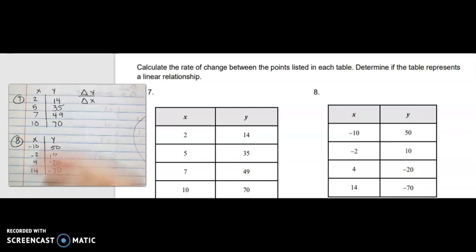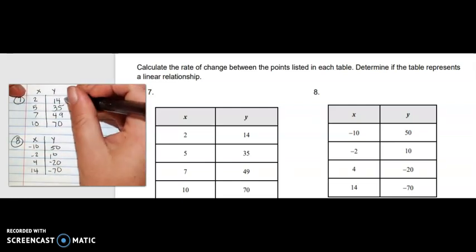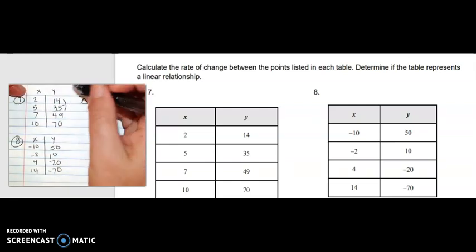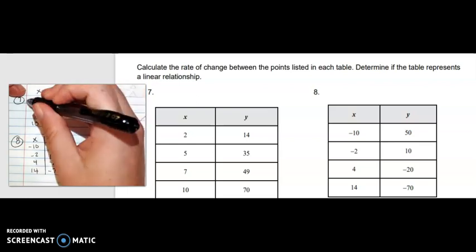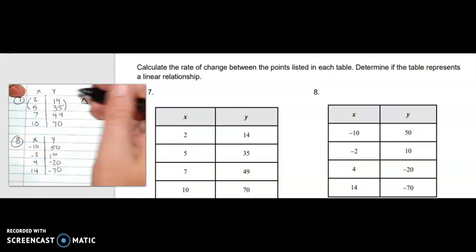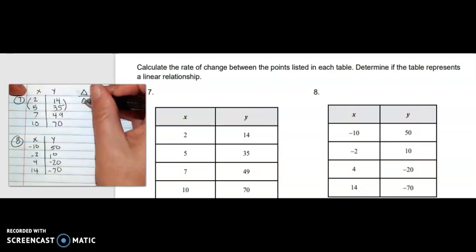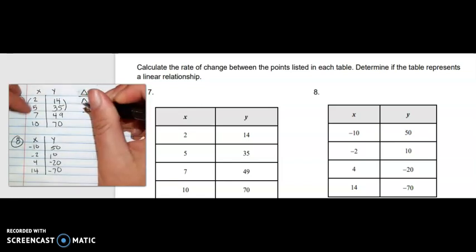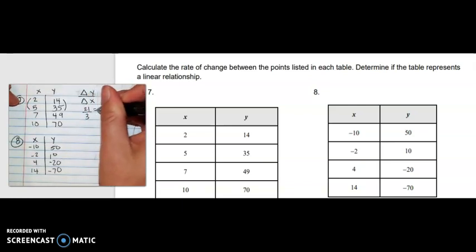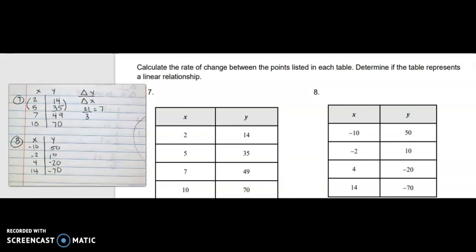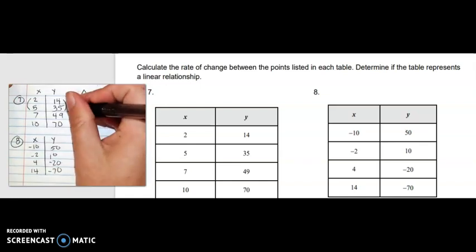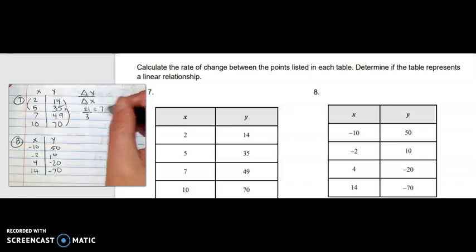So, let's start calculating. We're going to calculate the difference between 35 and 14 and between 5 and 2. So this is 21. And this is 3. And 21 divided by 3 is 7. And let me do 2 more points. So I'm going to do the difference between 35 and 70.